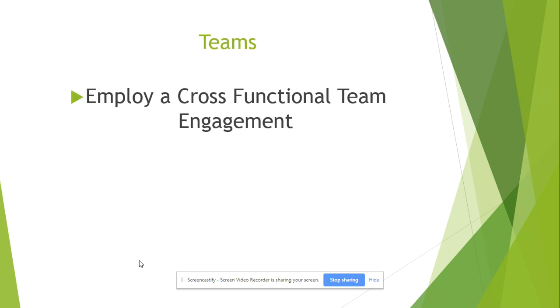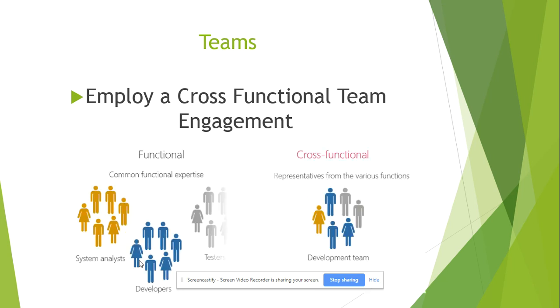Teams. When it comes to teams, we need to employ a cross-functional team engagement. So we need to employ the input of all the departments in our business; the different departments across our business need to be involved in our quest to find a solution to the problem at hand.